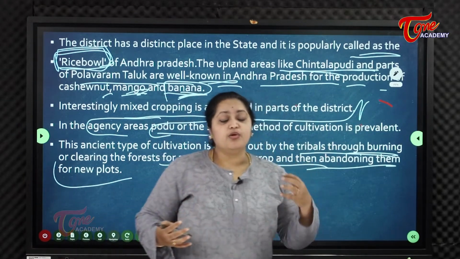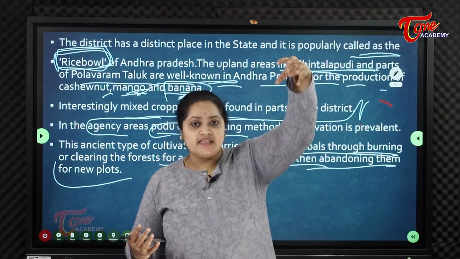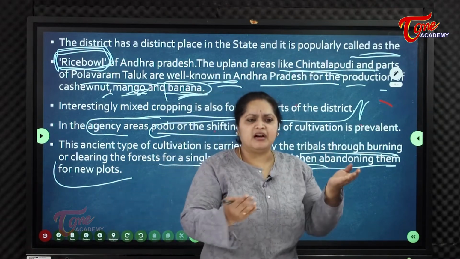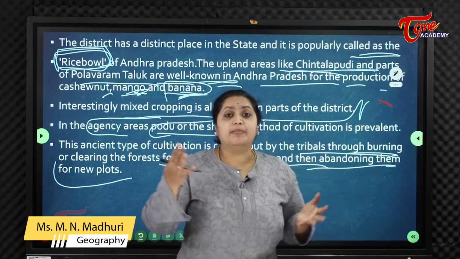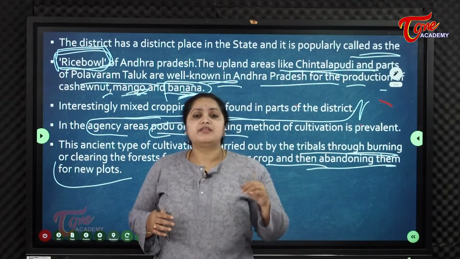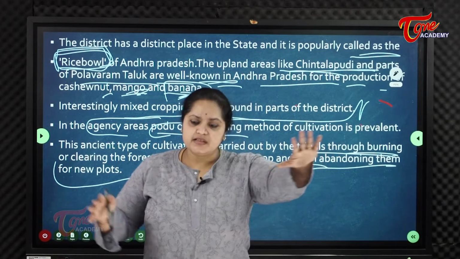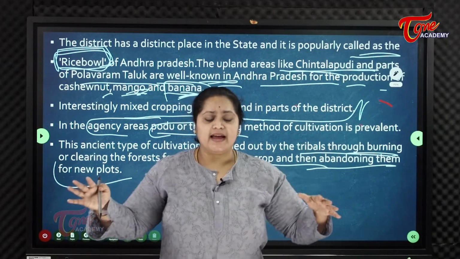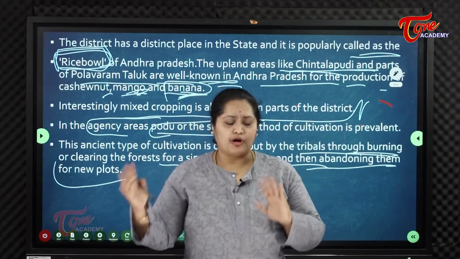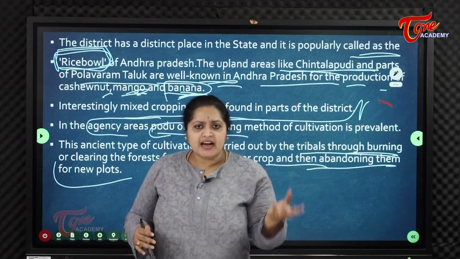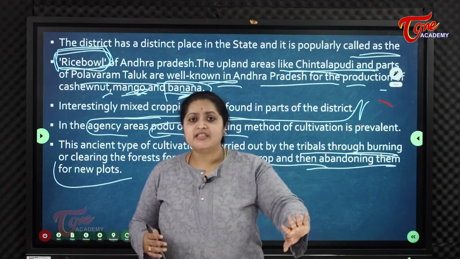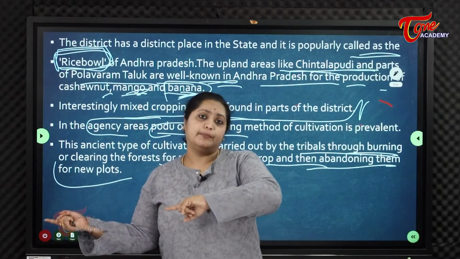If you observe, in some hilly areas, at times we see some part of the area being burnt. That is because these tribals burn some part of the land and cultivate some crop or the other, and after harvesting they abandon this area, they leave it and go to some other place.